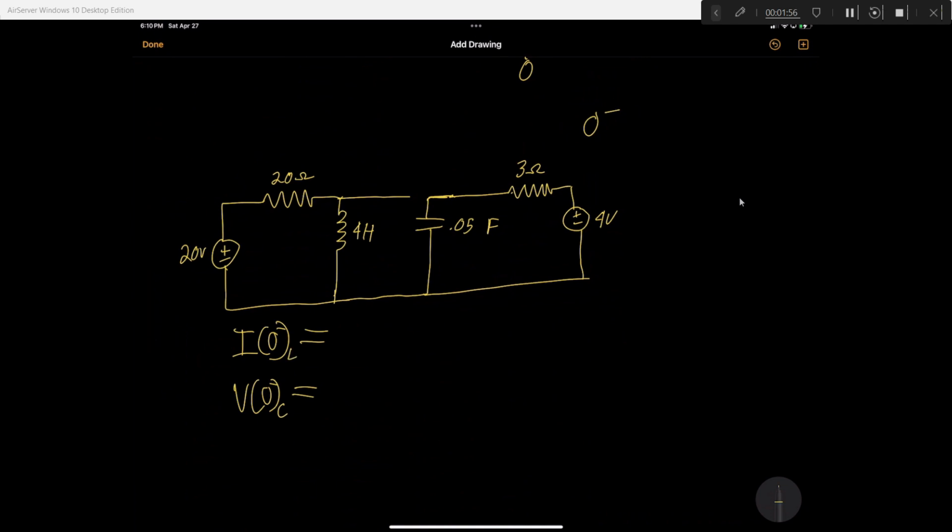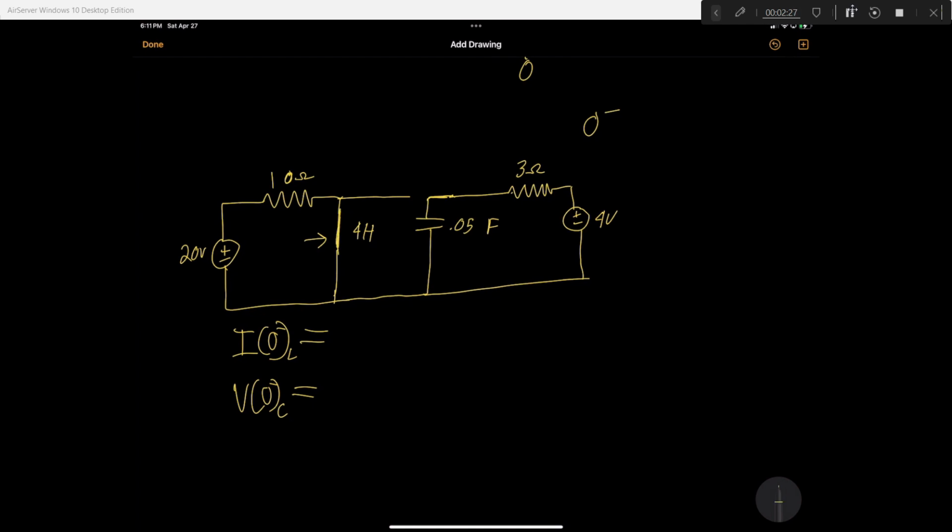So for the inductor, we know if it sits for a very long time, for 0 minus, the inductor will be a short circuit, so it's just going to be like a wire. Had to change one thing. The value of this resistor should be 10. Okay, so the initial value, as I was saying, the inductor is going to be short circuited. So in reality, if this sits for a while, this will be just a wire.